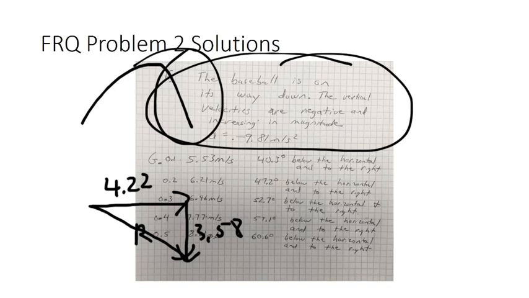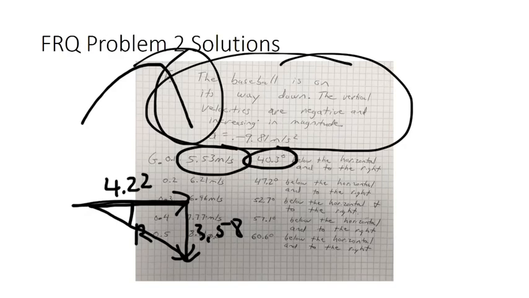Use the Pythagorean theorem to solve for r. When we do that, we get 5.53 meters per second. We want to solve for the smallest angle between the horizontal and the resultant, which is that angle. We'll use the tangent function to do that. And when we do, we get 40.3 degrees. And our direction on that is below the horizontal and to the right.